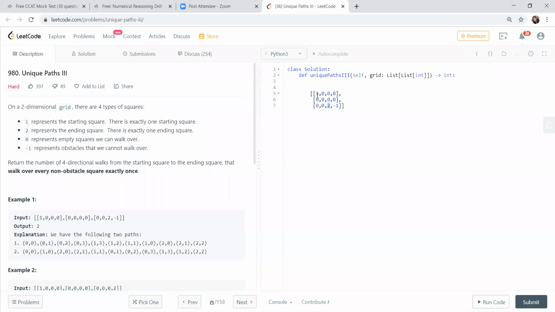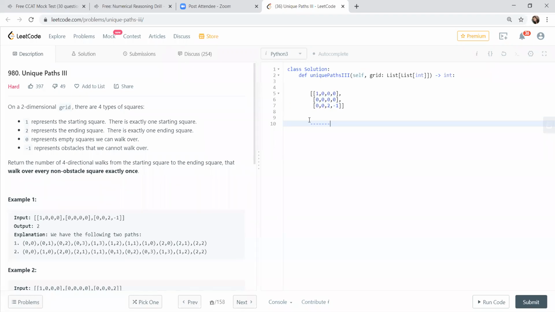So for example, over here, they are going like this. I believe it's the first row, starting from 1, traverse all, and then down, then down, then left, and then down, and then right, to 2.